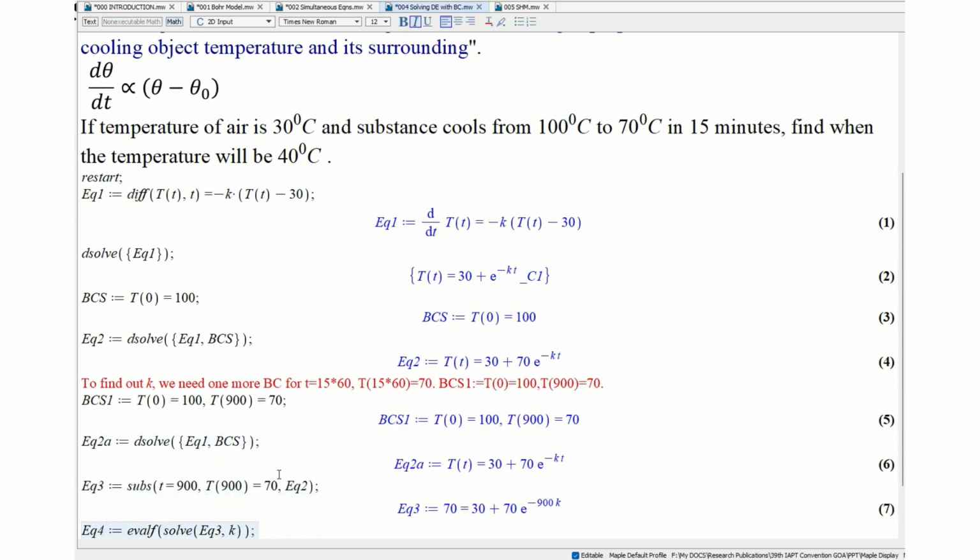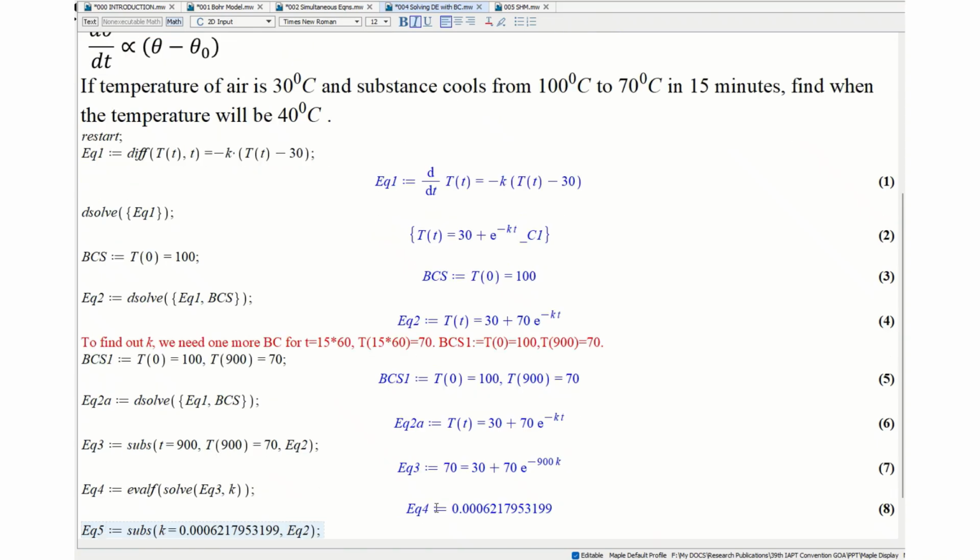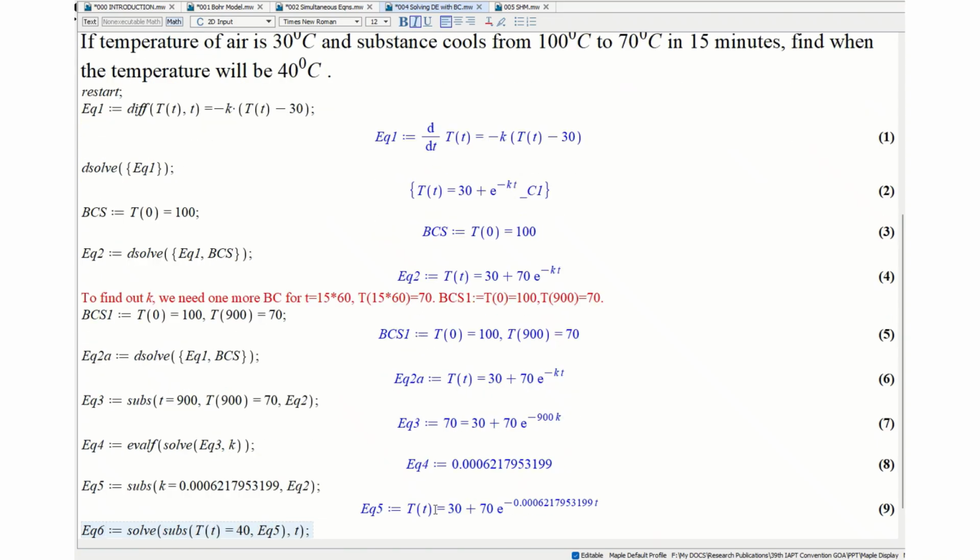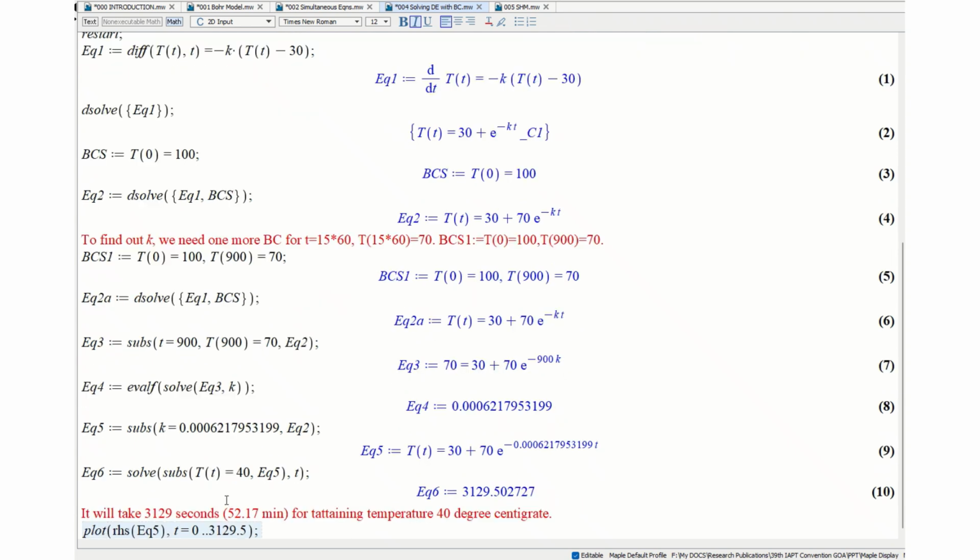We can substitute t equal to 900, and at 900 seconds the temperature is 70 degrees. So we can evaluate the constant k, and finally we write a complete equation, and at T equal to 40 we can predict at what time the temperature will be 40 degrees centigrade.